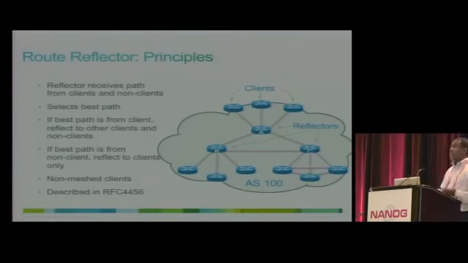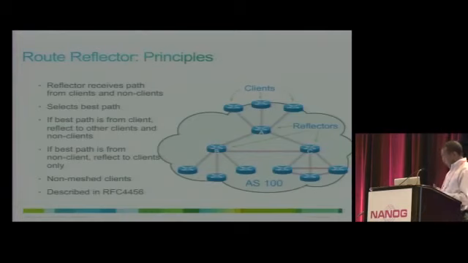But with a route reflector, when it receives routes from an IBGP client peer, it will advertise to other clients as well as to non-client IBGP peers. Obviously, it will also advertise to eBGP peers. If it receives routes from a non-client IBGP peer, it will advertise to clients only. It will not advertise to other non-clients. So that's how a route reflector is different from a normal IBGP router.